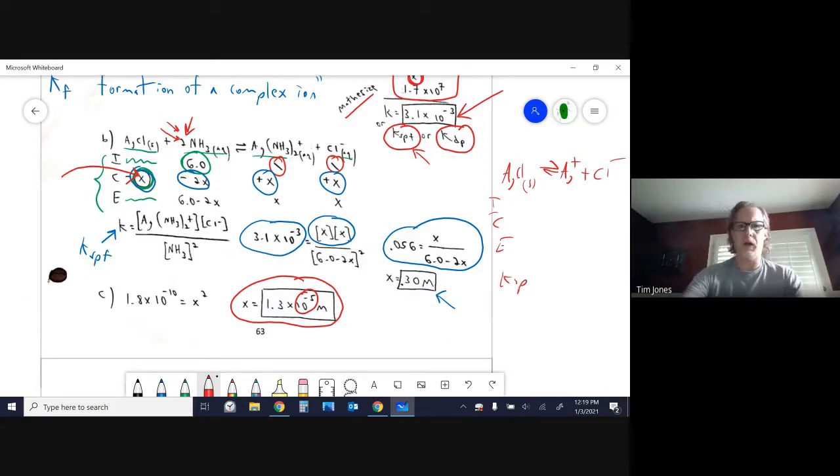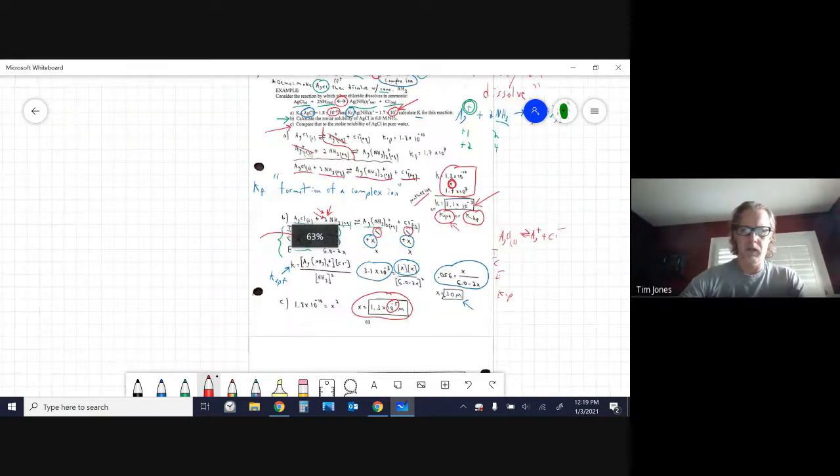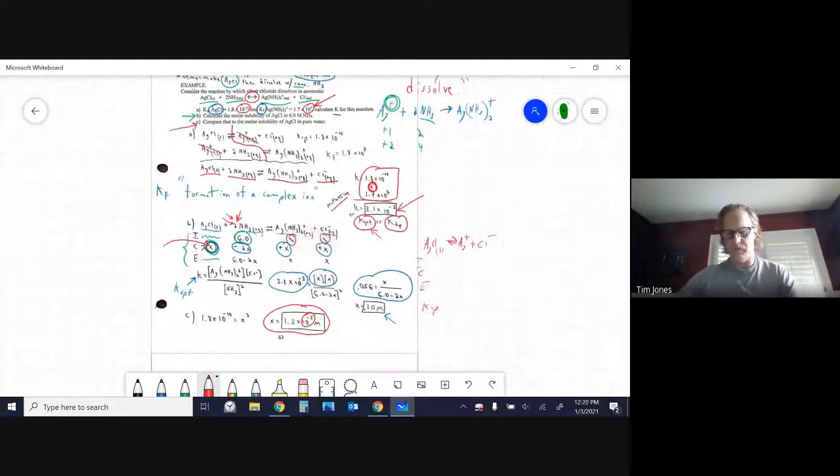Now, this is a pretty complicated system, and there was a lot of new things introduced here. So I'd recommend you take a moment and practice this complex ion situation, this thing that I have here, so you can get a little bit more comfortable with it since it's new.